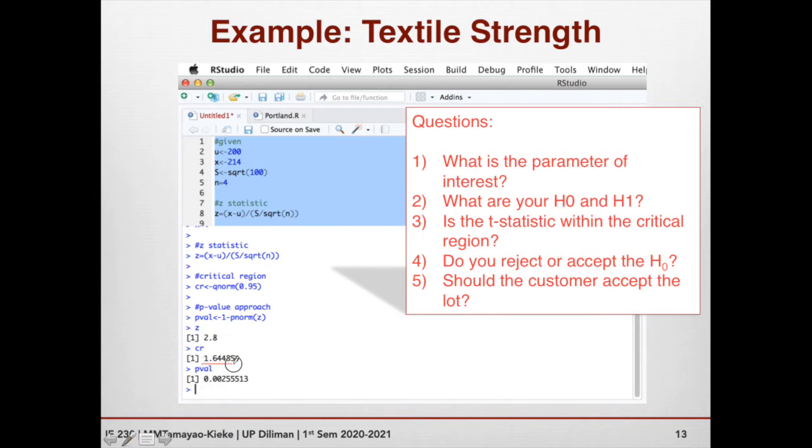So if you just base it on these two values, 2.8 and 1.644854, your test statistic and your critical region, what would your conclusion be?